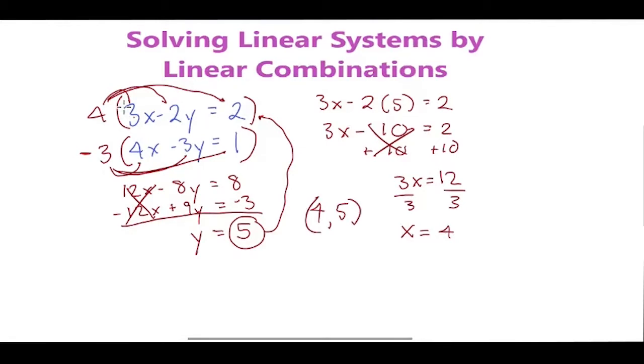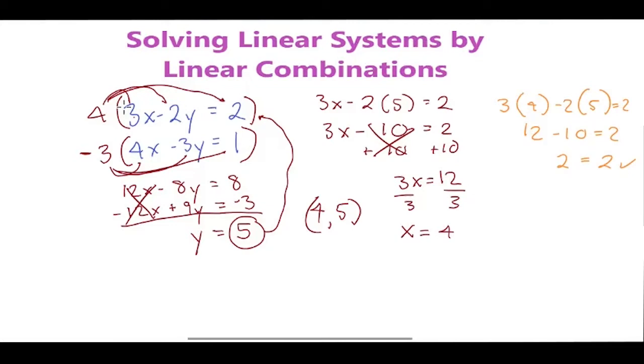I'm going to test my ordered pair in both equations. So I will say 3 times 4 minus 2 times 5 equals 2. Well, that's 12 minus 10 equals 2. 12 minus 10 is 2. 2 equals 2. Check.